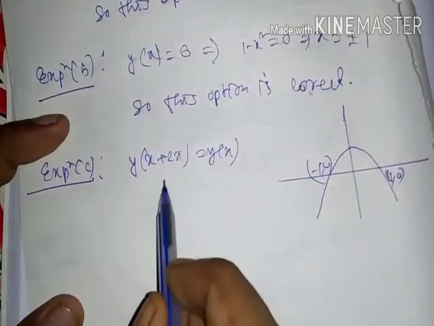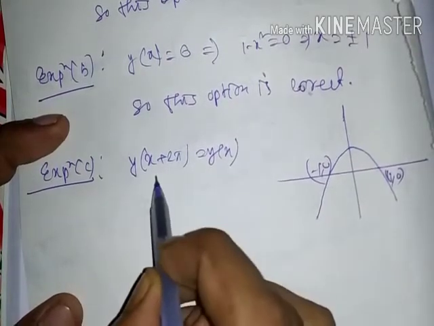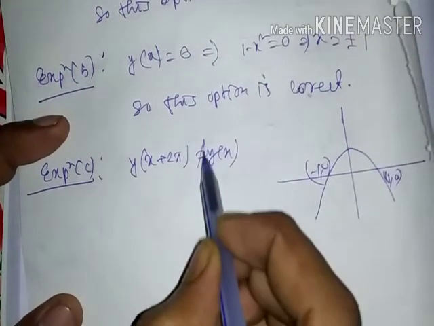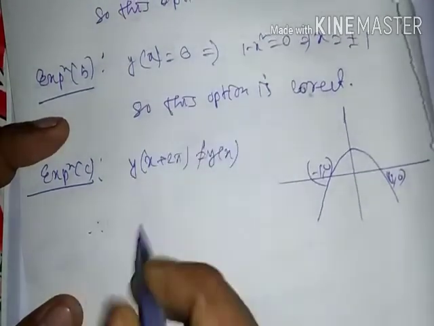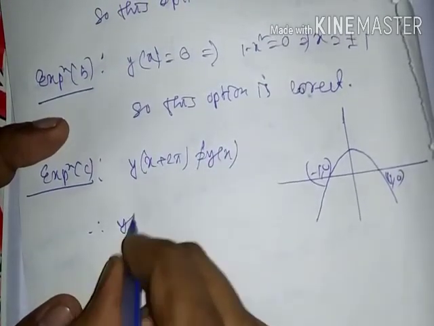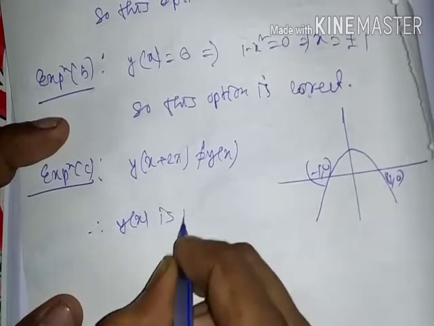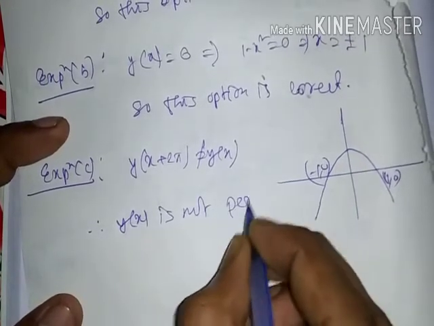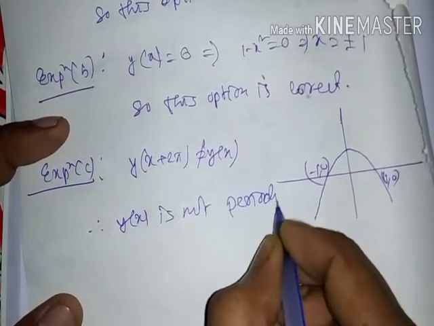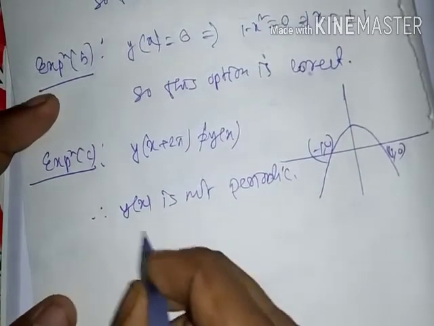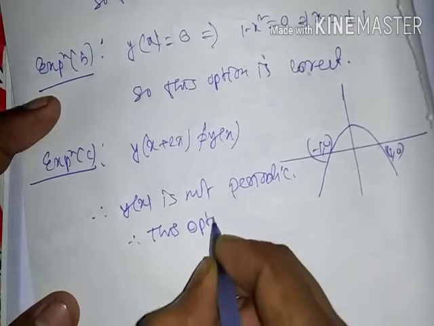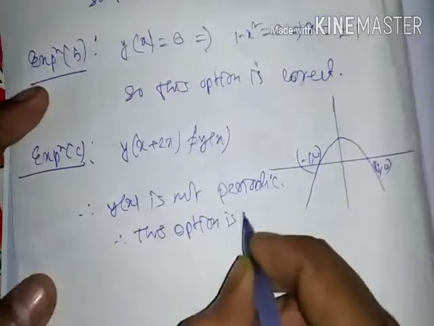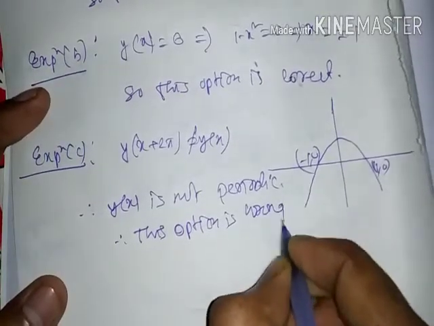Also, this condition is not satisfied here. That's why this function is not periodic. So this option is wrong.